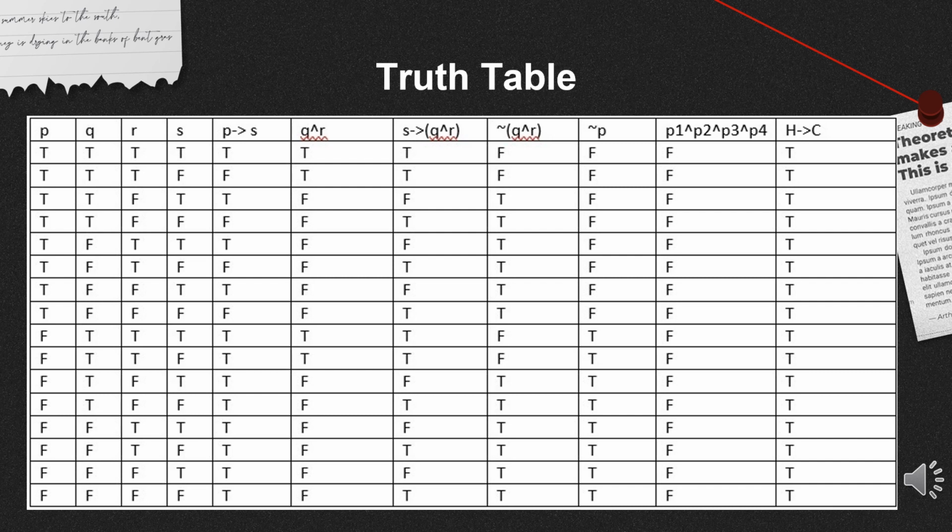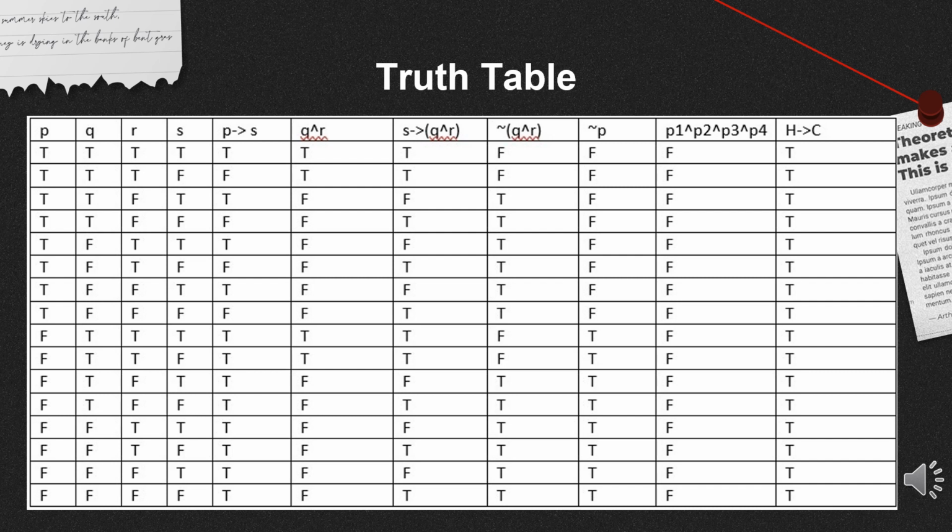Then we move to the column P implies S, where we have true, false, true, false, true, false, true, false, true, true, true, true, true, true, true, and true.